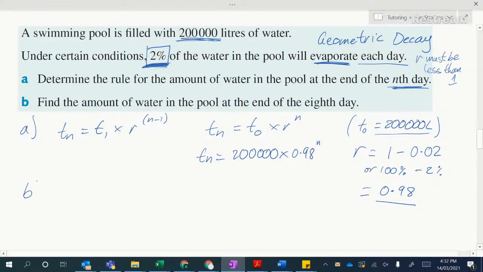For part B, we can now use that rule to find the amount of water in the pool at the end of the 8th day. And remember, because I started from 0, the 8th day is going to be the 8th term.